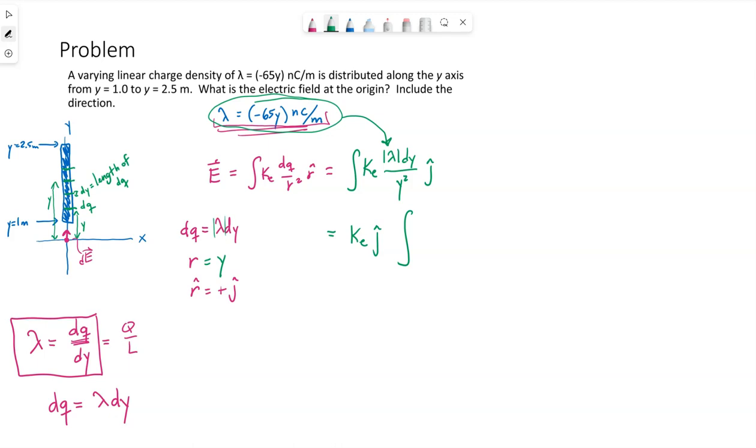Now the absolute value, I'm going to have the 65y. Now nano is 10 to the negative 9, so I want to remind myself I need to put 10 to the negative 9 in for that. And I still have dy in here.